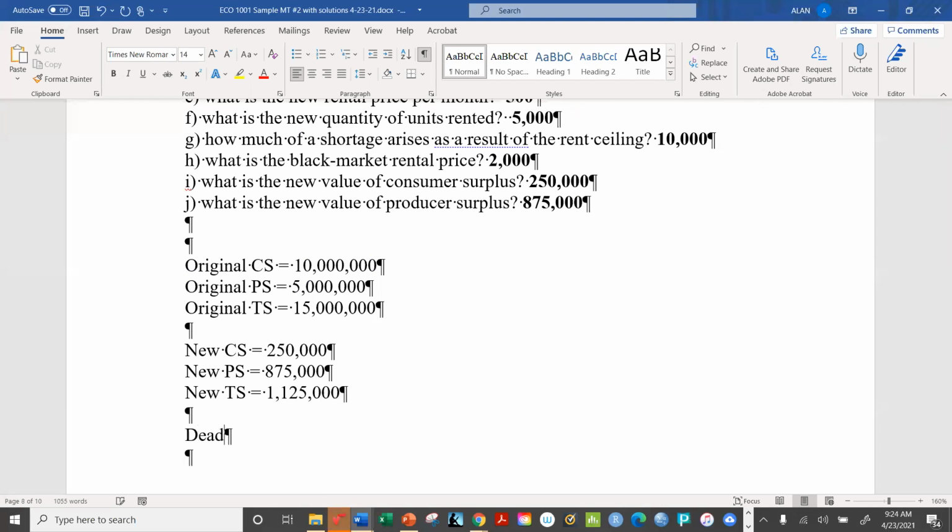So the deadweight loss is the difference between the two. Man, that's a big loss. Now it didn't ask for all this, but if you did run across a question that did ask you for this, you'd know what to do with it. 13,875,000.